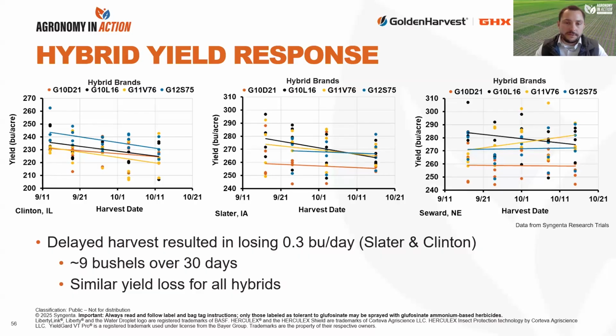One, it's fair to say that we lose bushels as harvest gets delayed. You guys see it, we see it, and in this study, we saw approximately a 9 bushel loss over a 30-day window. We also saw similar yield losses across hybrids, but there can be a little bit of variance across hybrids.